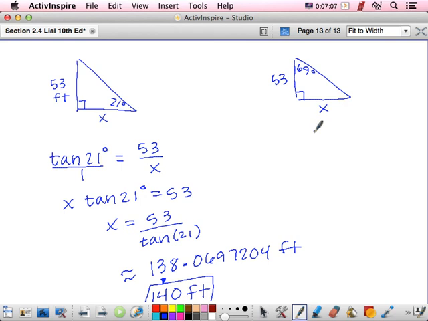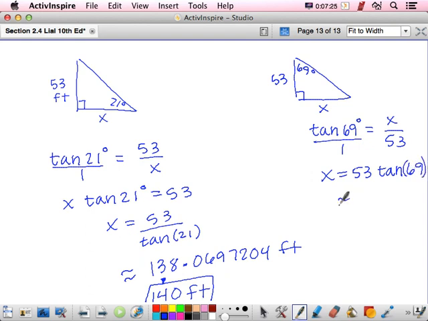So the tangent of 69 would equal opposite over adjacent, so x over 53. It saves you a step, but it really doesn't matter. You should be fairly comfortable either way, so just figure out what works best for you and always do it that way. And we end up getting the same thing. Okay, so that wraps up section 2.4.